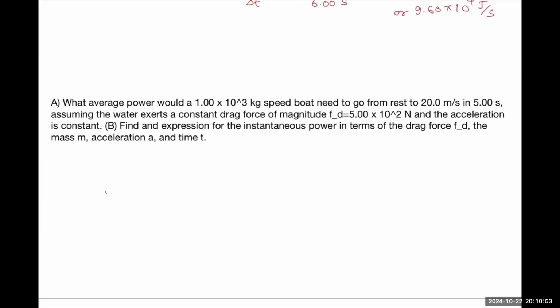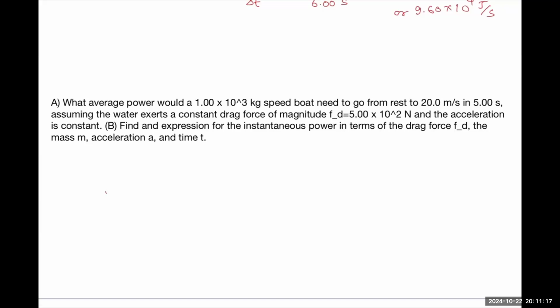I calculated the acceleration, and then I got the net force of the boat to be 4,000, but then you have to account for the drag. So then I added that to the 4,000.